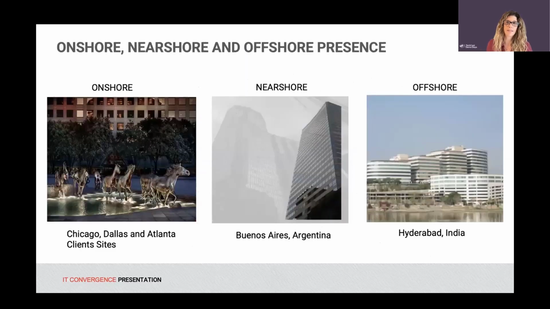We have offices onshore in the US, in Chicago, Dallas, and Atlanta, and also in Latin America, in Argentina, and offshore in India. So we have global presence, and we are more than 600 employees. It's a very, very big company.